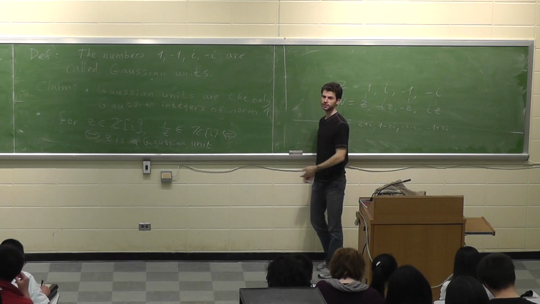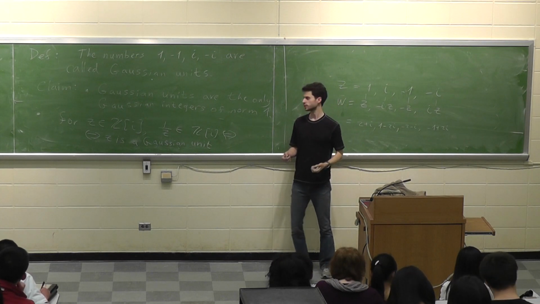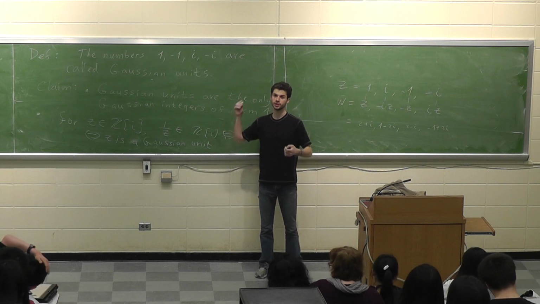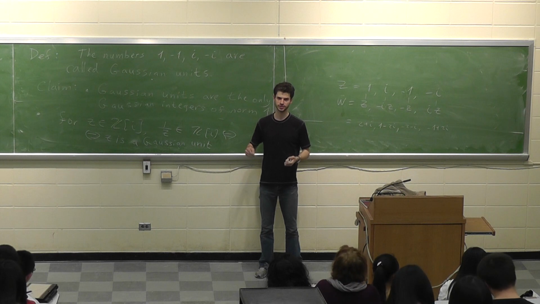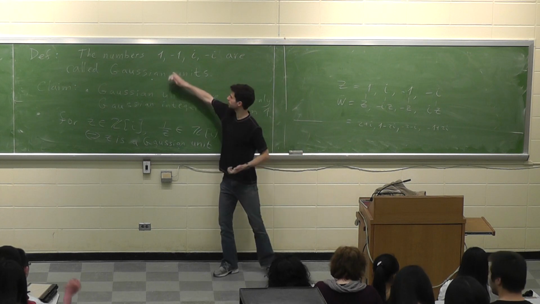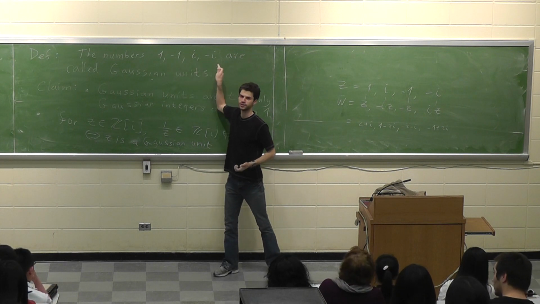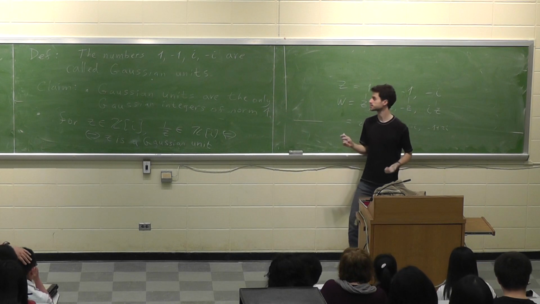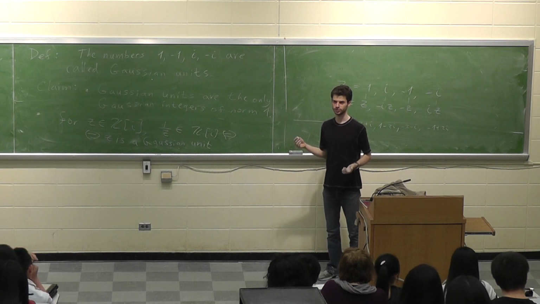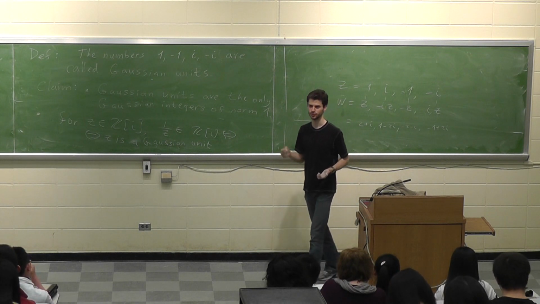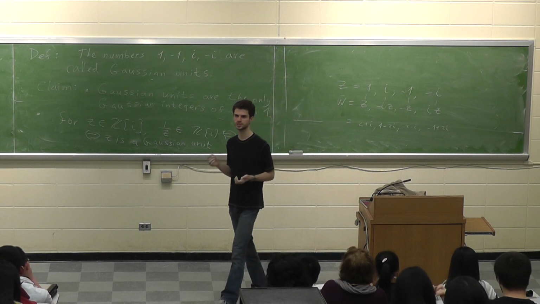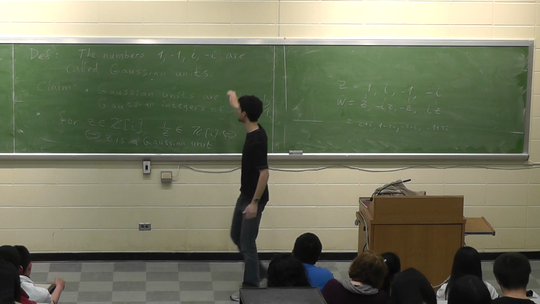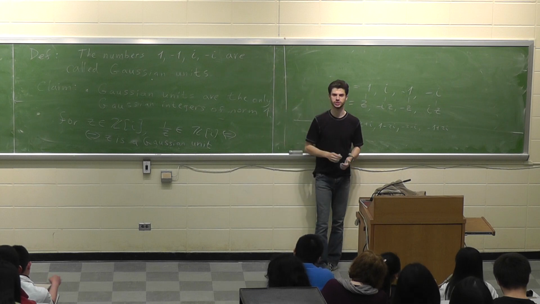So these are the only Gaussian integers with the property that one over this number is another Gaussian integer. So here they are: 1, minus 1, i, minus i. No other solutions. Like in usual numbers, if you know that x is an integer and 1 over x is an integer, you know that x is 1 or minus 1. No other options. It's the same thing with Gaussian numbers.